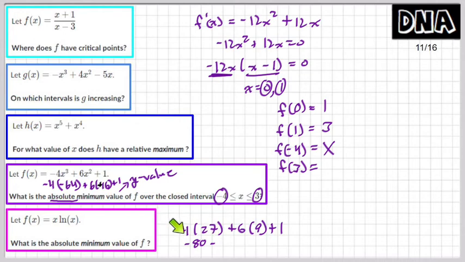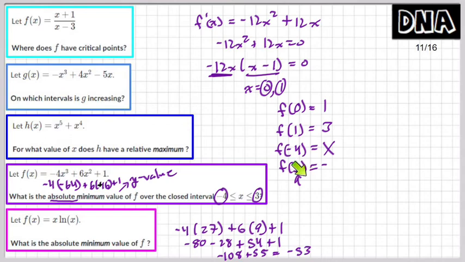What is 4 times 7? 28. So I just have to add those together. And then I have 6 times 9, which is 54. And then I have 1. Okay, what do I get when I add those together? This is 55. Those are the positives. And then my negatives, I get negative 108. And when I add those two up, I get negative 53.